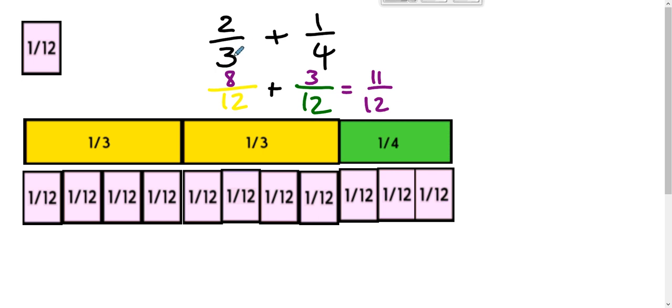The pieces here are 4 times as big as the pieces there, so it takes 4 times as many of these. The pieces here are 3 times as big as the pieces there, so it takes 3 times as many of these. And once you have 8 12ths and 3 12ths, it's really easy to add together.